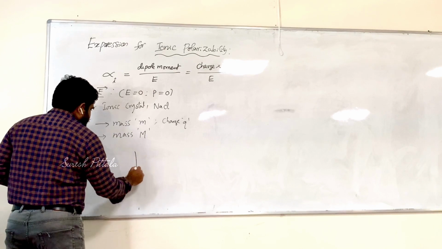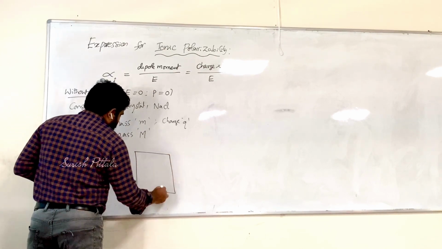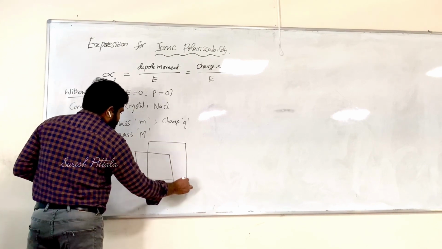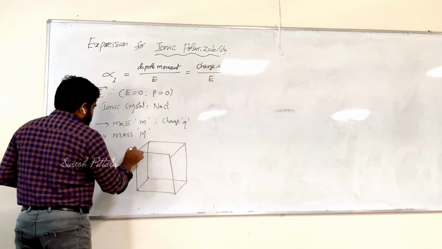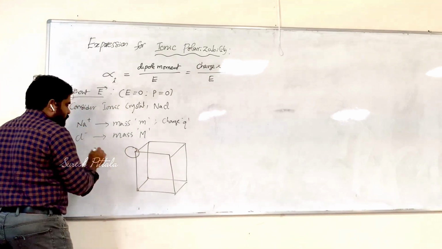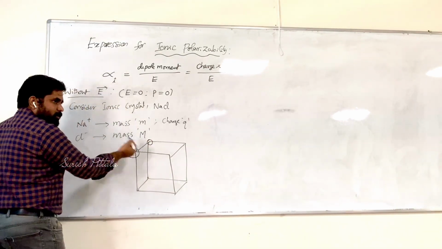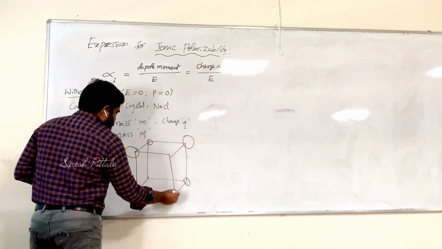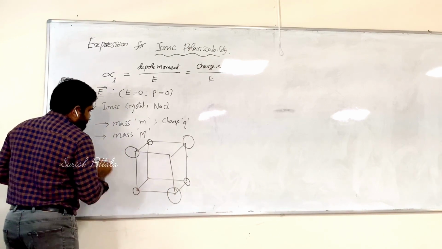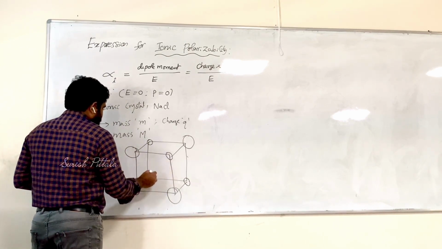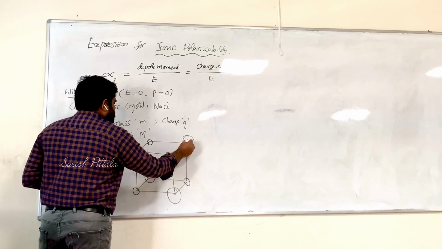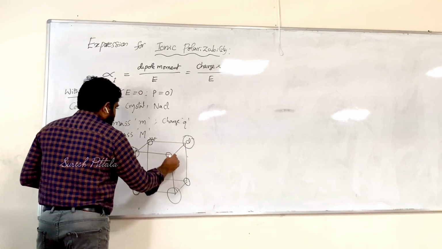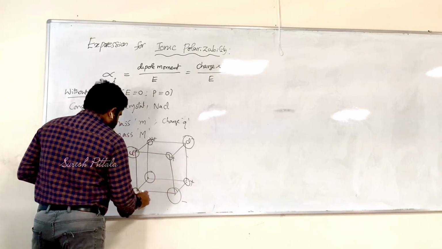The diagram is: this is your NaCl structure, and at the corners we have Cl minus, then the smaller mass Na plus, then again Cl minus, like this: minus, plus, minus, plus.